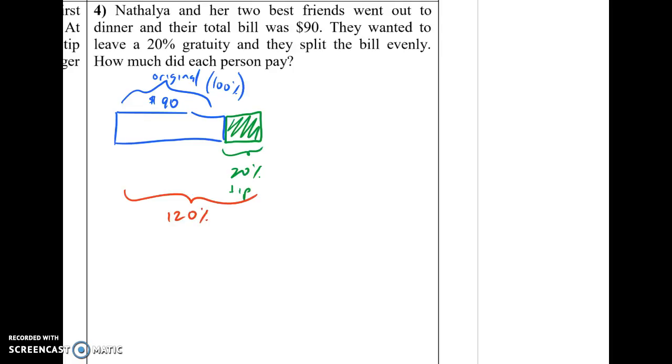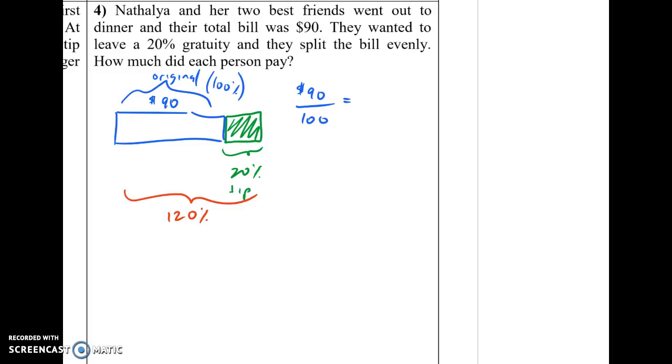All right, so let's calculate 20% of $90. We're going to start with a proportion, and we're going to start with the part that we know. Well, we know that $90 represents 100%. So I'm going to start with $90 over 100. This is going to equal our 20% tip.